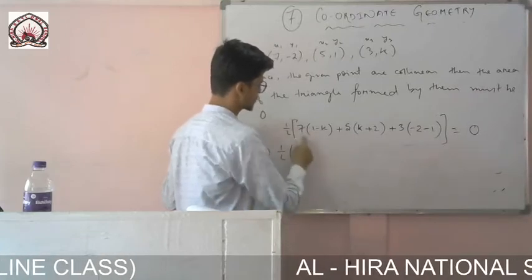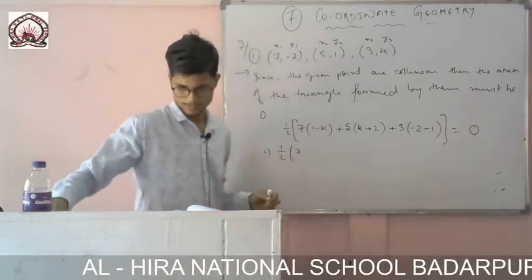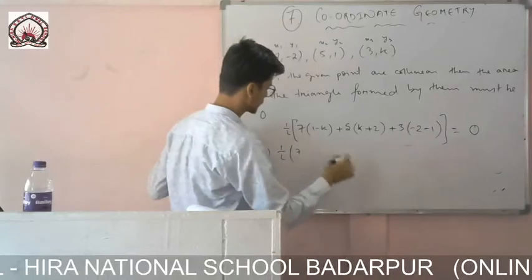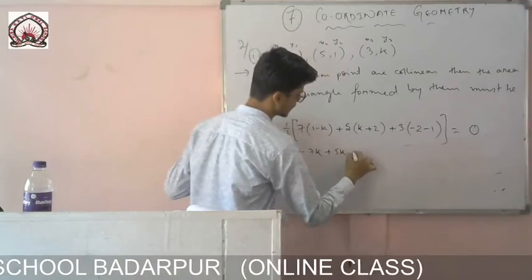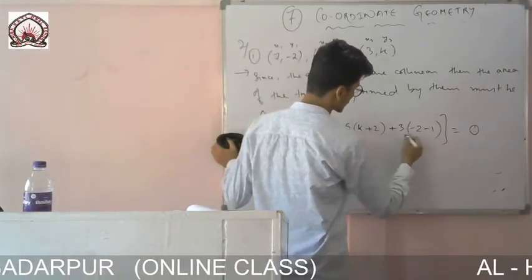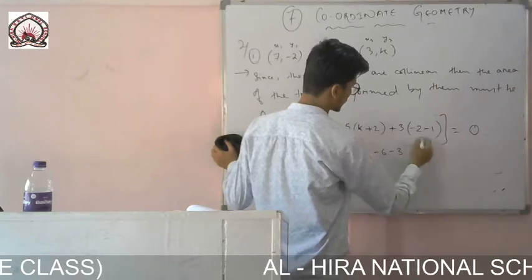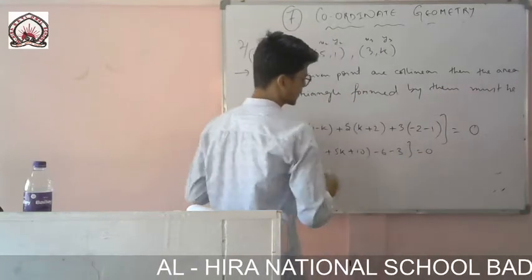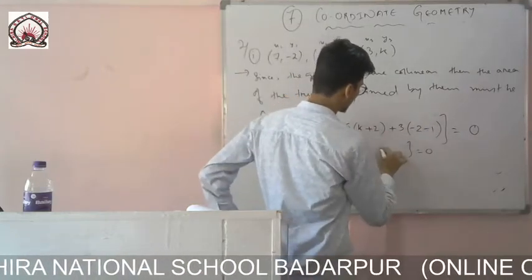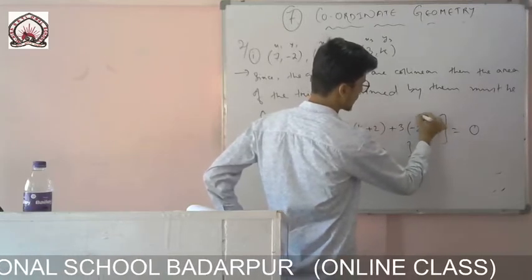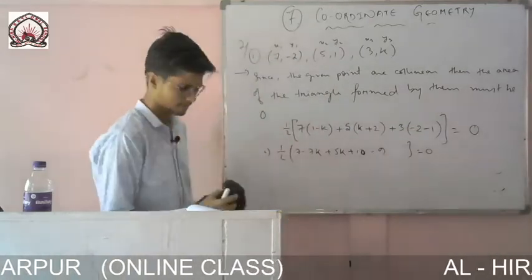So 1 minus k: 7 into 1 is 7, minus 7k, plus 5 into k is 5k, and 5 twos are 10, plus 3 twos are 6, so it will be minus 6, and minus 3 ones are 3, so it will be minus 3. 3 threes are 9, so it will be minus 9.